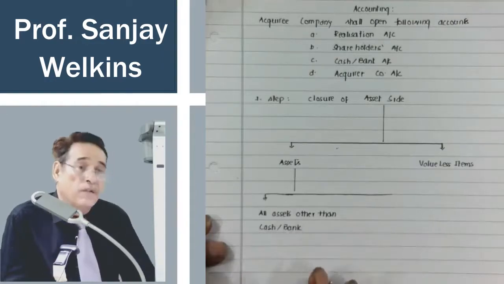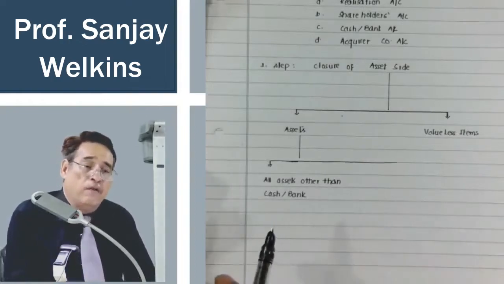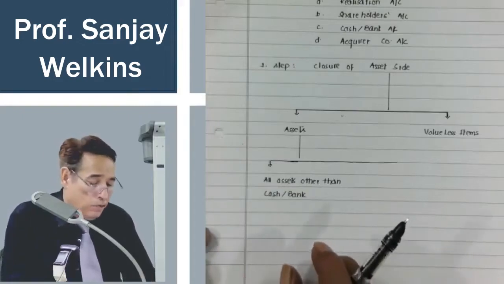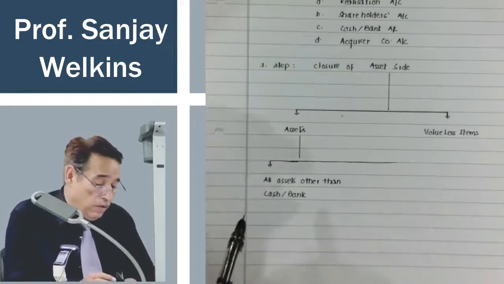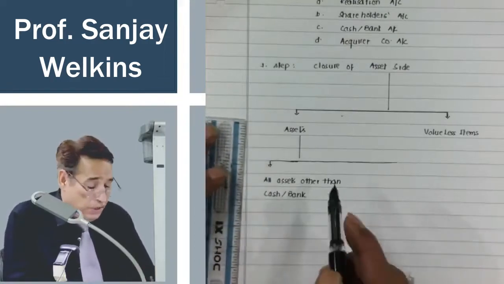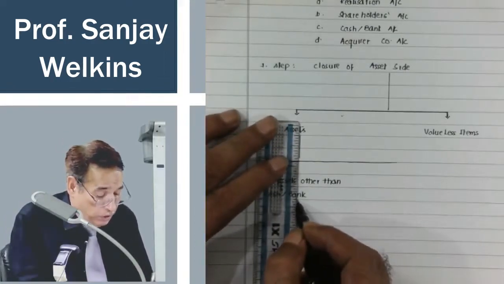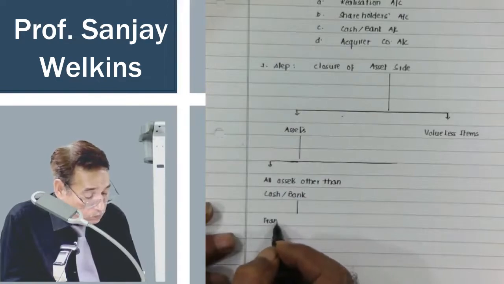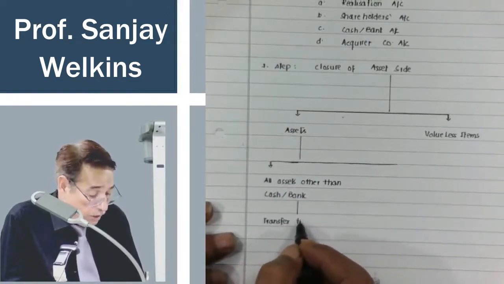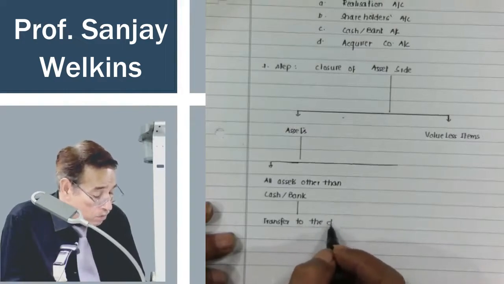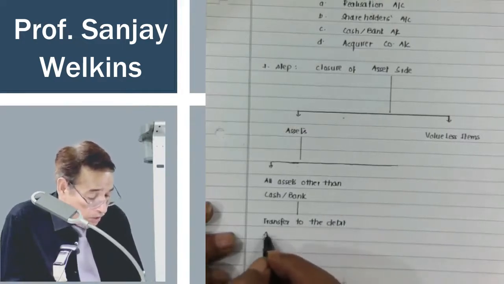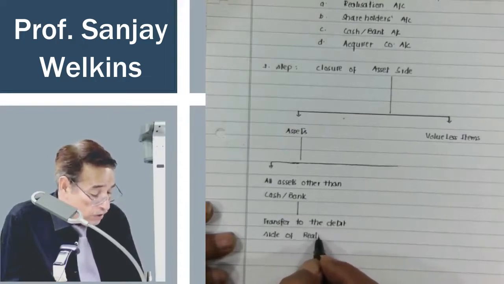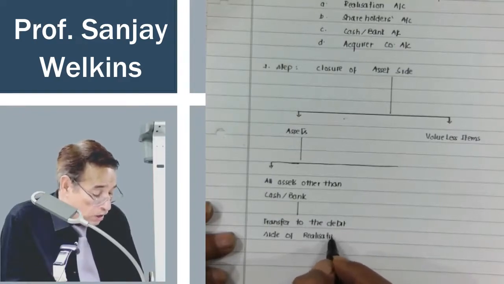Whatever assets are there other than cash and bank, whether tangible or intangible, including goodwill, patent, trademark, plant, machinery, correct? So all assets other than cash and bank, you are going to transfer to the debit side of the realization account.